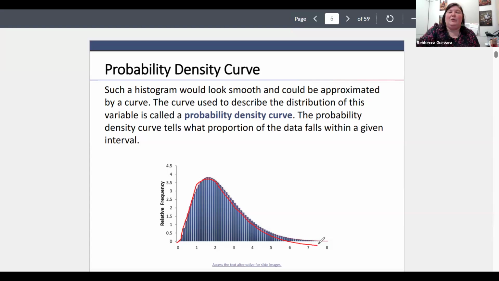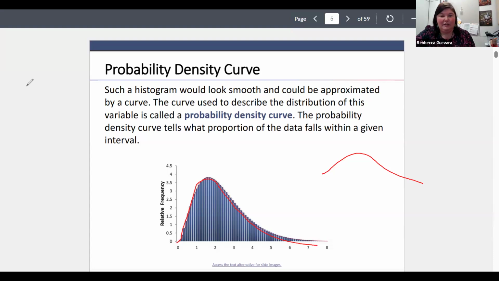And we've been doing this all along. We've been talking about different kinds of distributions, and we've been drawing these curves around them to simulate what the shape is. Every time we do that, we're essentially drawing a probability density curve. The curve used to describe the distribution of this variable is called your probability density curve. The probability density curve tells us what proportion of the data falls within a given interval.